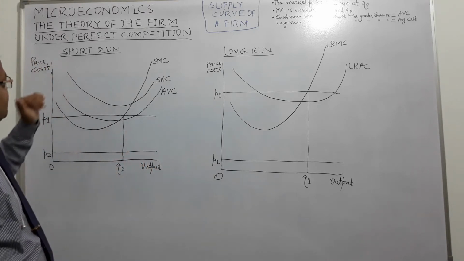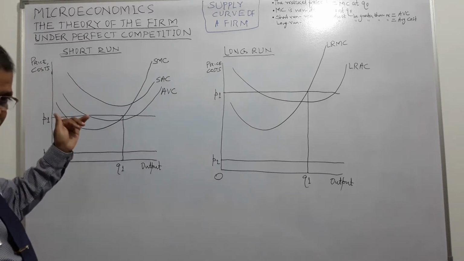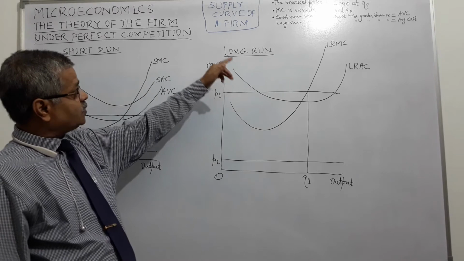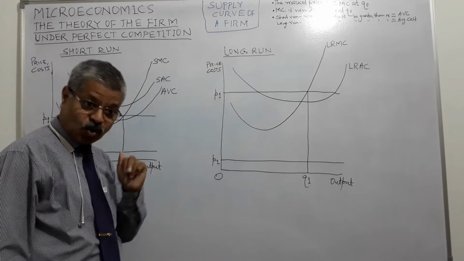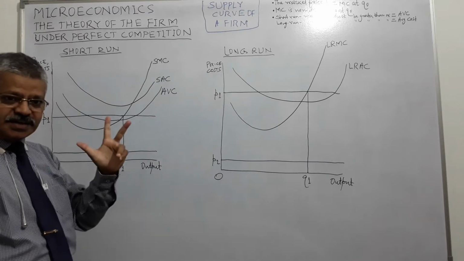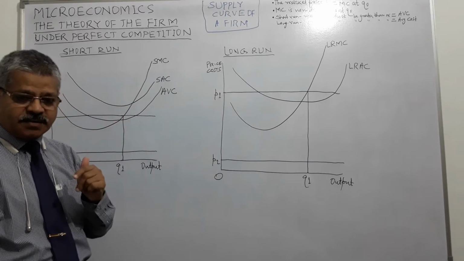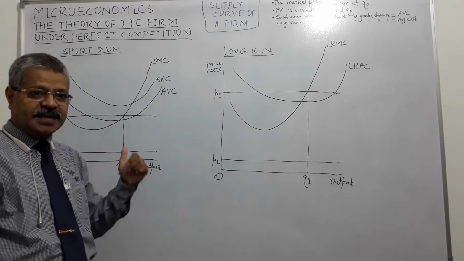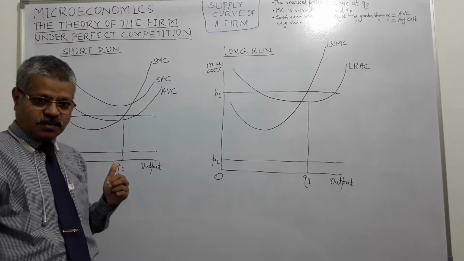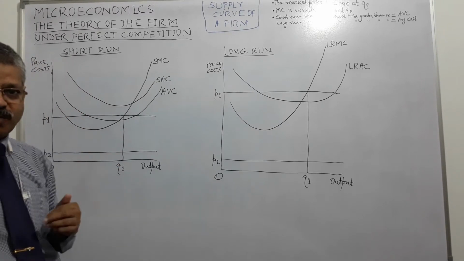So when we see the short run, we need to see whether those three conditions are met or not. What are those three conditions? Those three conditions are for a perfectly competitive market, and they indicate that level of output at which a firm is able to maximize its profits.